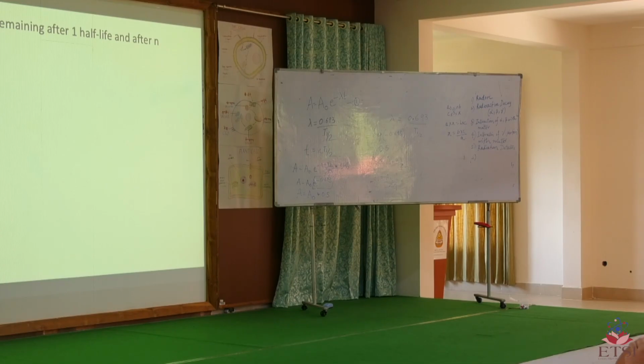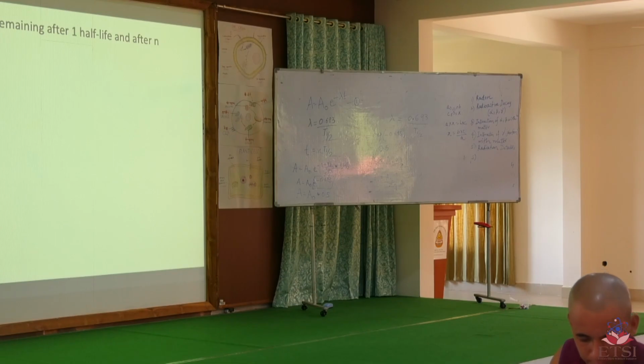But you cannot solve from one. So let's say you have this, e to the power, you had something like this, so this gets cancelled. This is 0.5, n is there.